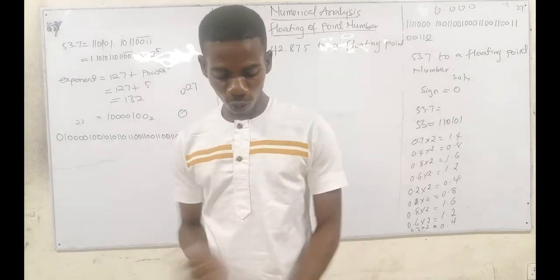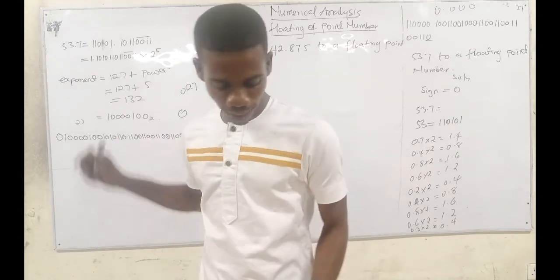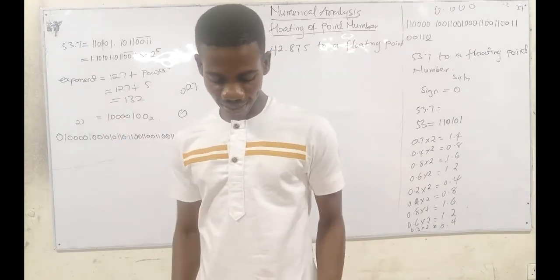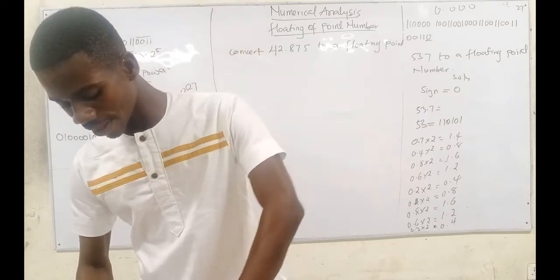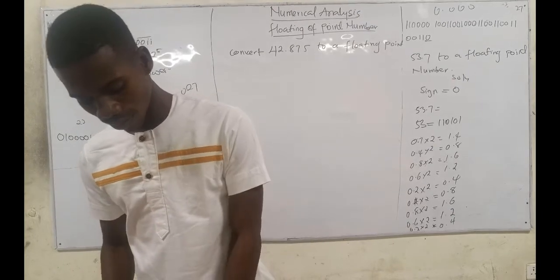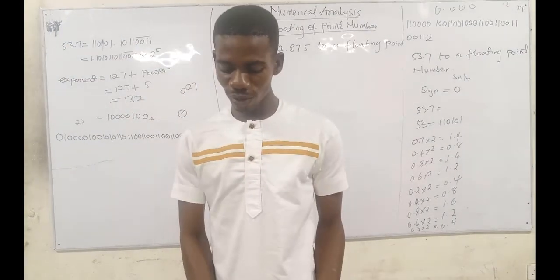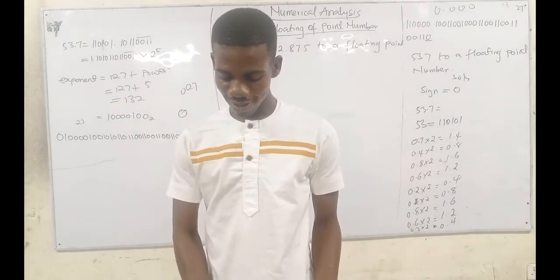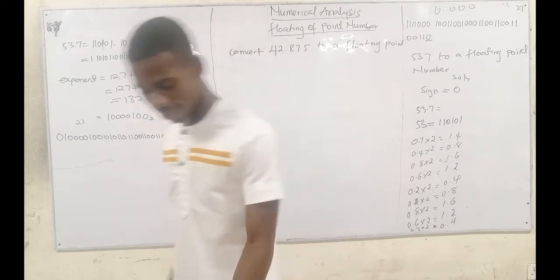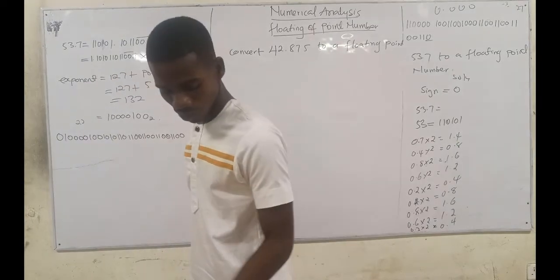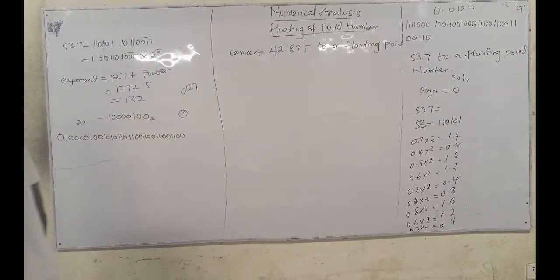Please, we are moving small because after here we are going to differentiation and integration. That is numerical integration and differentiation. By this place, we are moving on to a very serious zone. These are bases. So the lesson is very clear.